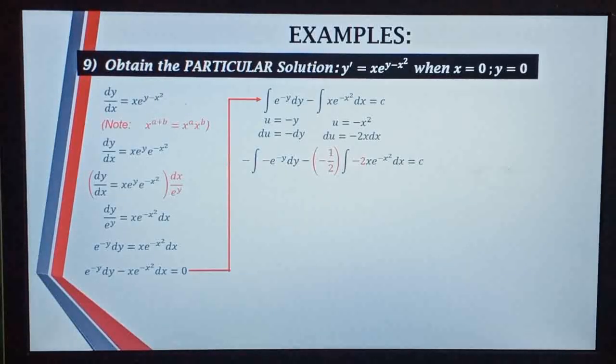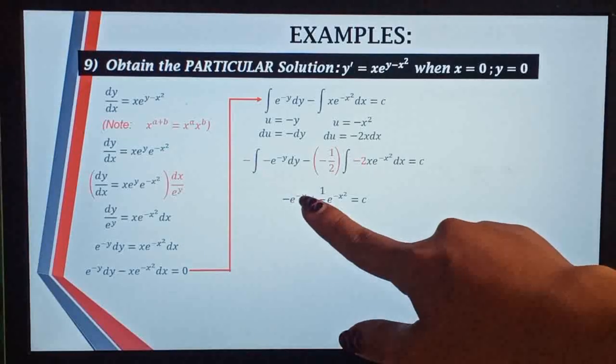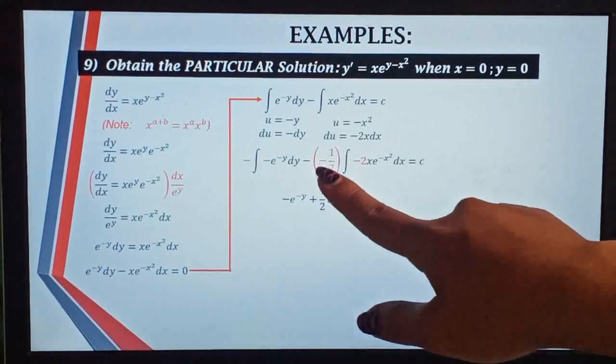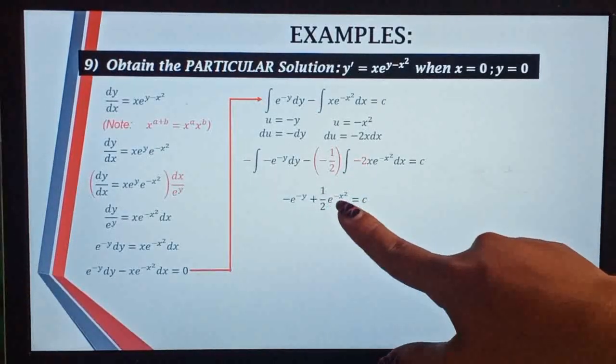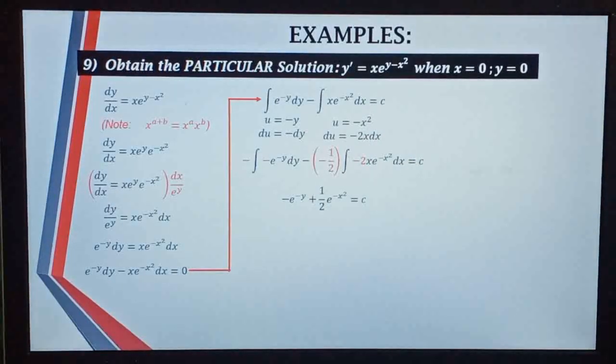So pwede na natin siyang i-integrate as the integral of e raised to u du is simply equivalent to e raised to u. So, kakopyahin lang natin. You have negative, then e raised to u, which is e raised to negative y. Then, negative and negative is positive, so you will have 1 half. Then, e raised to u, wherein your u is negative x squared, equivalent to c.